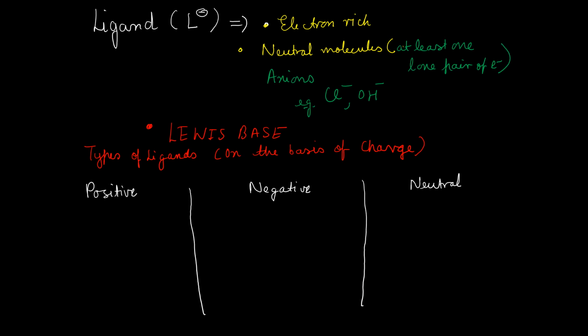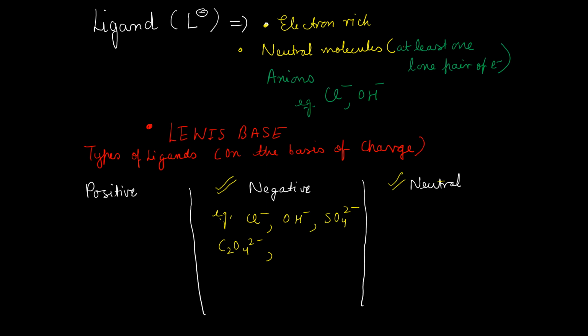Now, since a ligand has to make coordinate bond with an electron deficient central atom, in most of the cases the ligands will be either negative or neutral. As the name suggests, negative ligands are those which have negative charge. So all the negatively charged ions will be regarded as negative ligands.